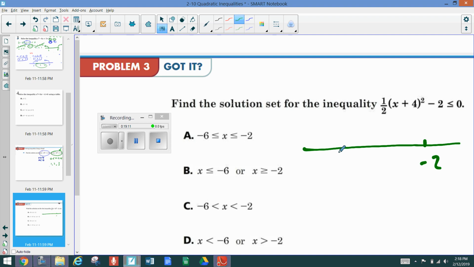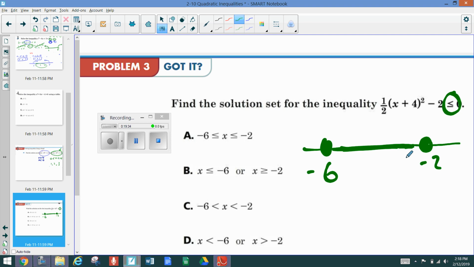Negative 2, negative 6. And since this is less than or equal to, these are going to be solid, and in between those, yes, negative 3, negative 4, negative 5. Which one is the right answer?